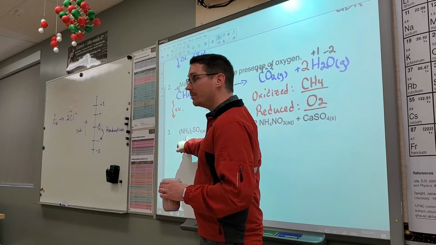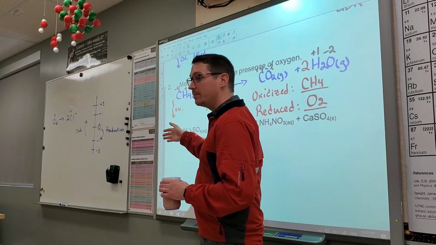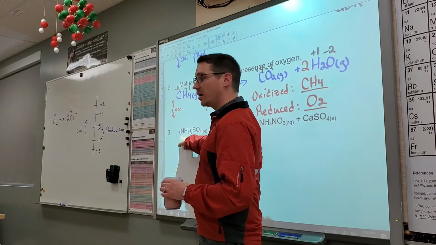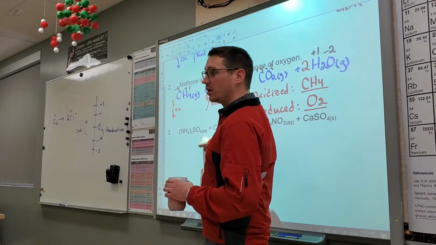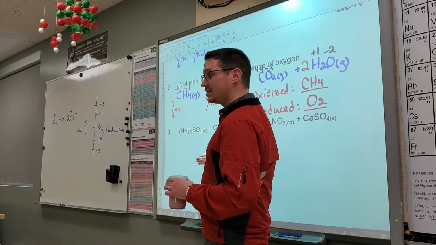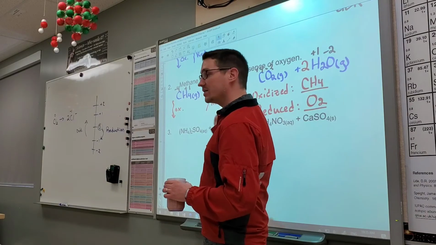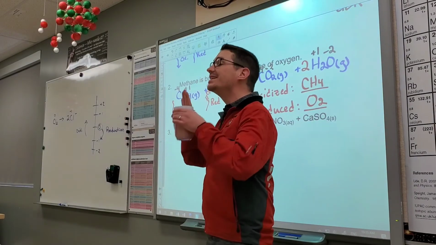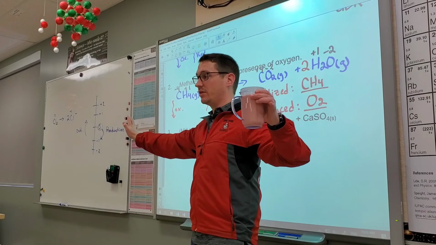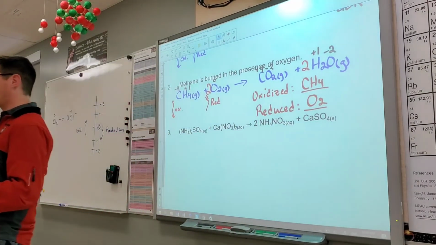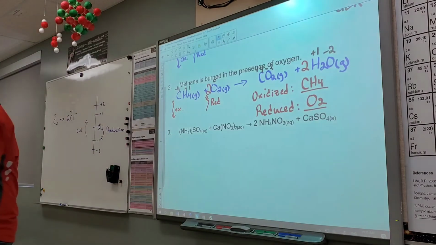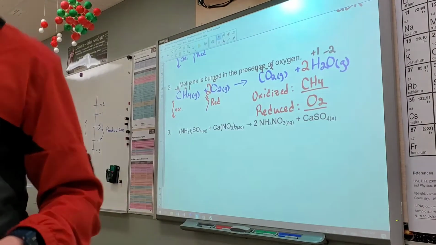Look at ammonium. Do you know the charge on ammonium? Yeah, then you can figure out the oxidation state on nitrogen. What's SO4? Sulfate, right? So SO4 has a charge. You can deal with these separately from each other, okay? And then I'm going to show you a real quick trick at the end.